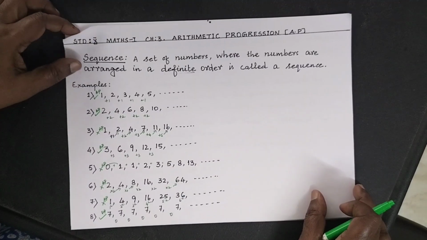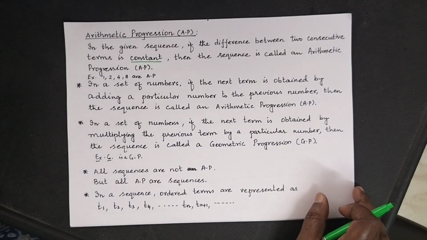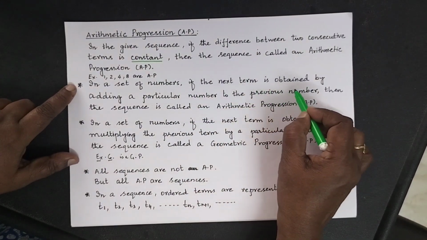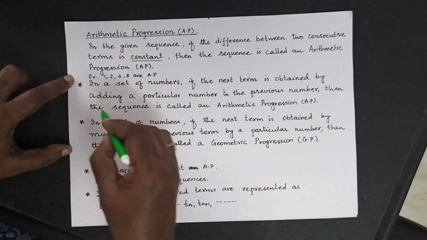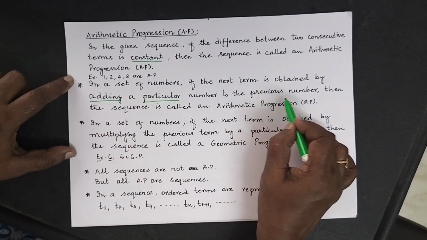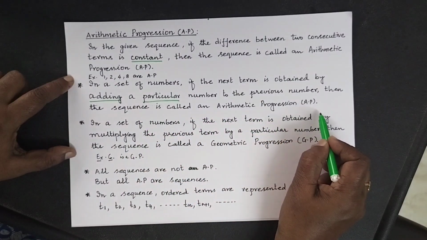Now, what is the difference between AP and GP? In a set of numbers, if the next term is obtained by adding a particular number to the previous number, then the sequence is called an AP.